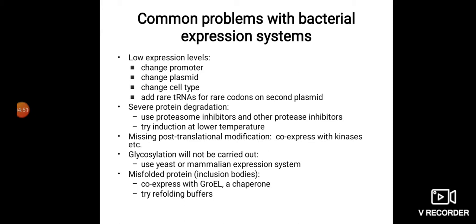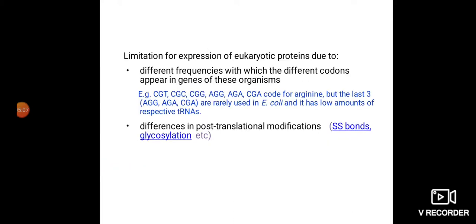Another very important problem of the bacterial system is misfolded proteins. The proteins get formed into inclusion bodies. Therefore it is required to express chaperonins, and people also try to solve this problem by using refolding buffers.